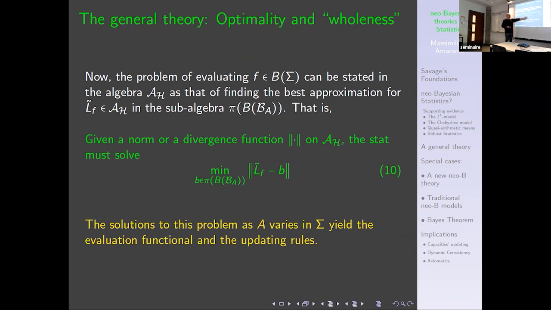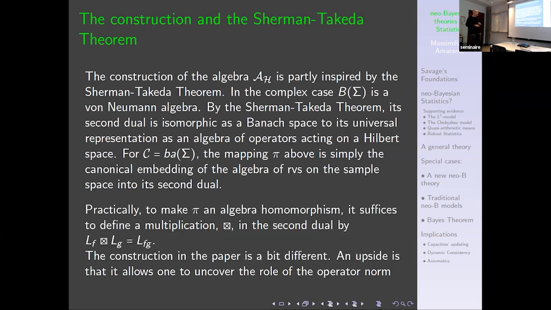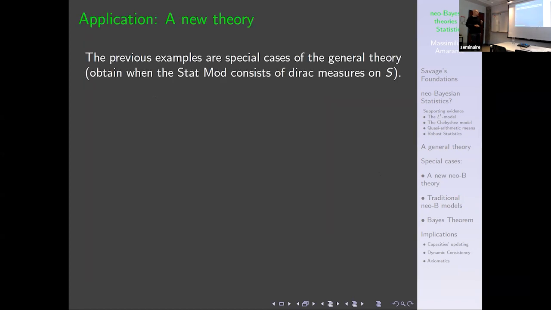All the descriptions of the theory, all the statistics, the alternative probability theory, the statistics that come from it, all come from the solution of the same class of minimization problems. And these theories differ from one another only for the notion of approximation that you use, as expressed by the divergence functions.